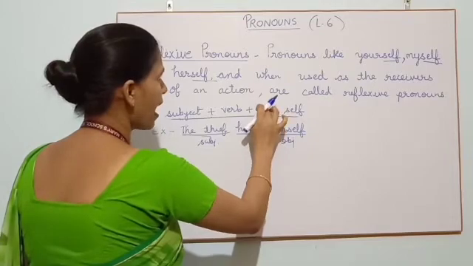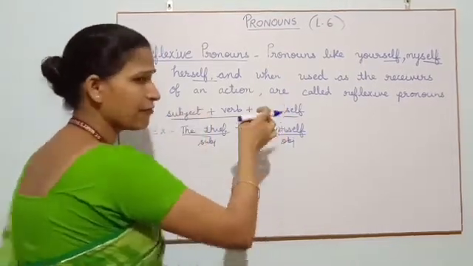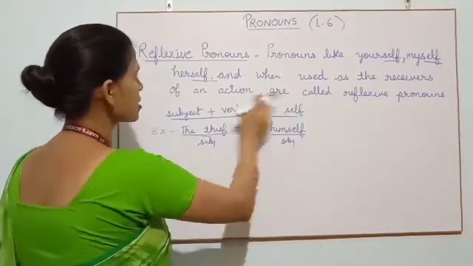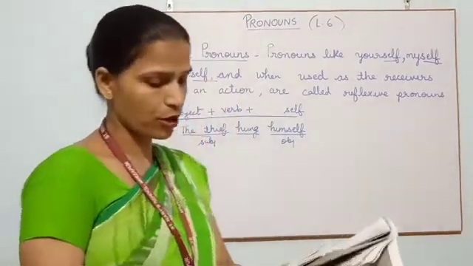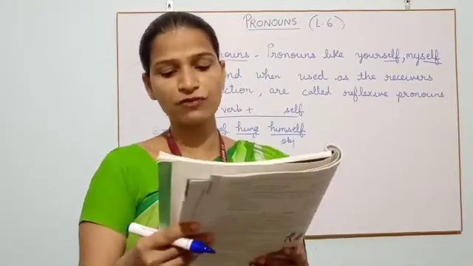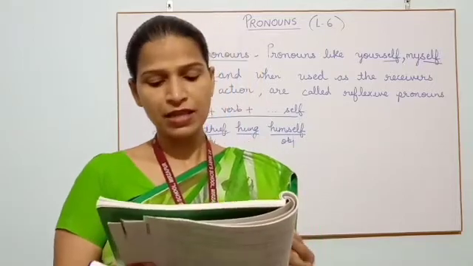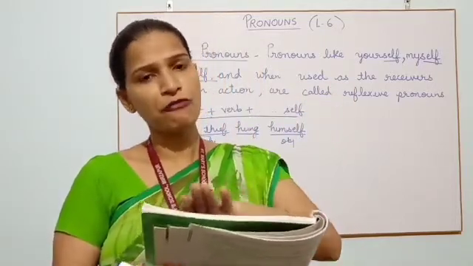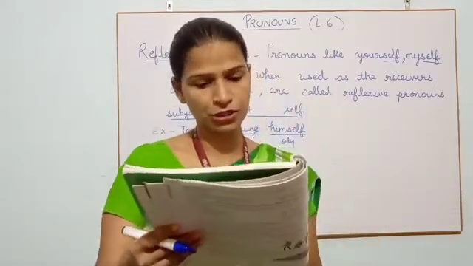Here you can have yourself, herself, myself, itself, anything, but it should end with self. So this is a small formula which you can remember for reflexive pronouns. And here in the book it has given you a note that the action of the verb returns to the doer. That I have already explained to you, that whatever action is taking place in the sentence will affect the doer only, will return to the doer of the action.